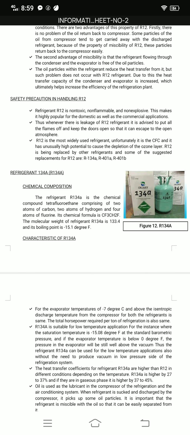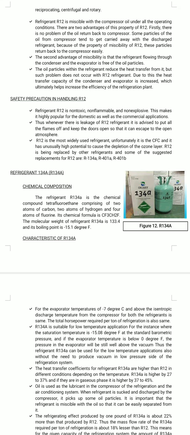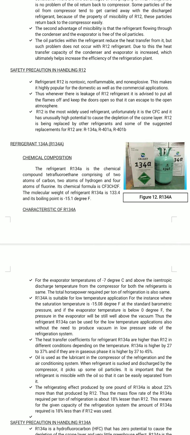The second advantage of miscibility is that the refrigerant flowing through the condenser and the evaporator is free of oil particles. The oil particles within the refrigerant reduce the heat transfer from it, but such a problem does not occur with R12 refrigerant.